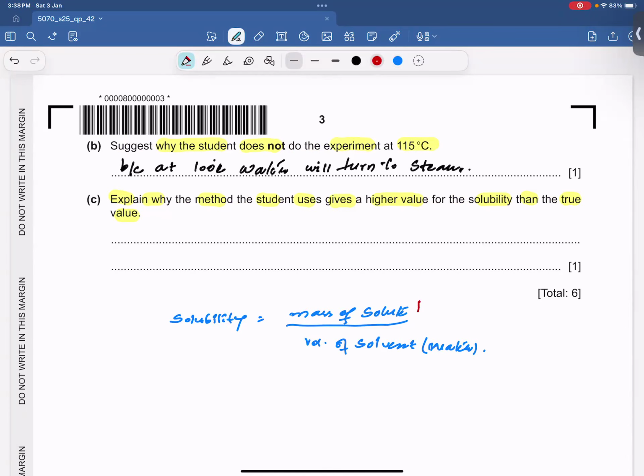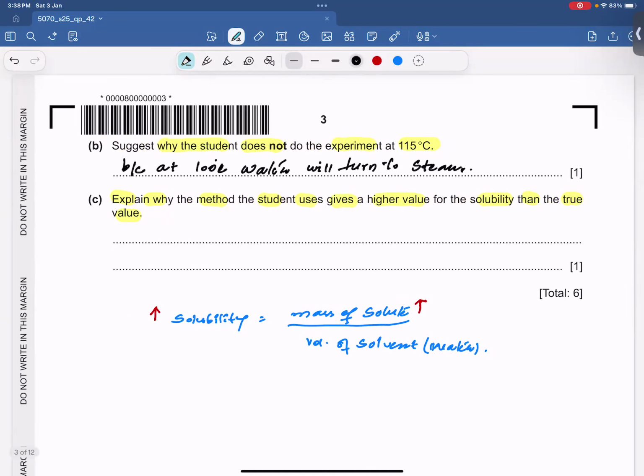So if mass of solute increases, obviously solubility also increases. Technically, if volume of water decreases due to evaporation or more evaporation, solubility also increases.